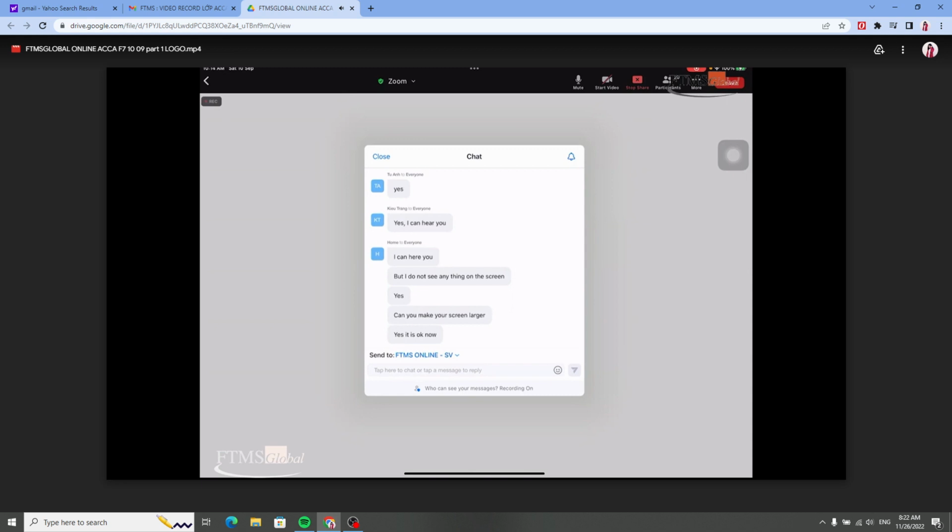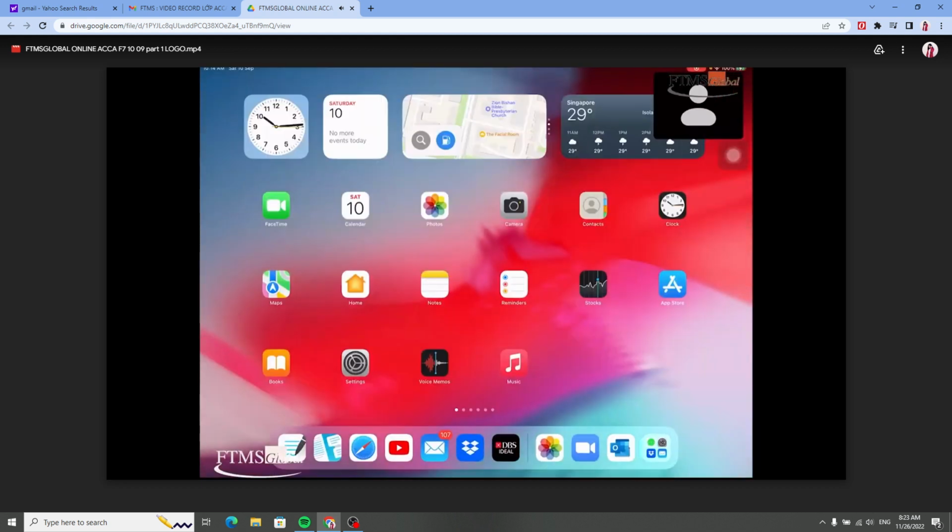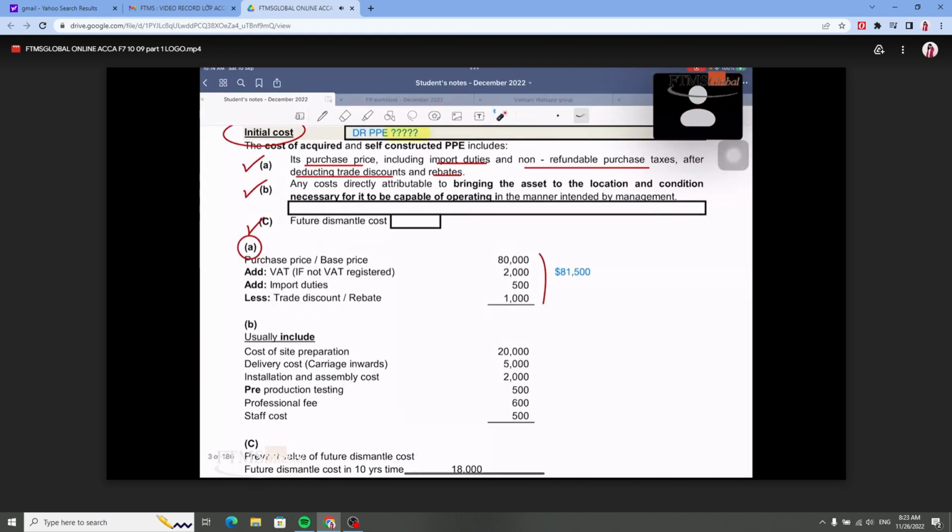Right. So no, they are all purchase costs. No, this one is not the distinct feature about this A, right? So for this A, you notice all these happen at the point of purchase, right?